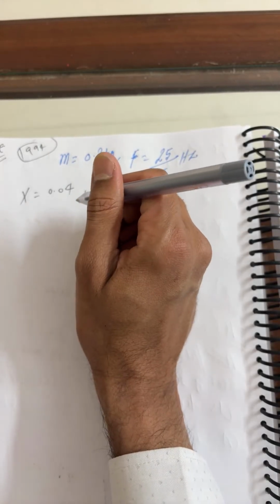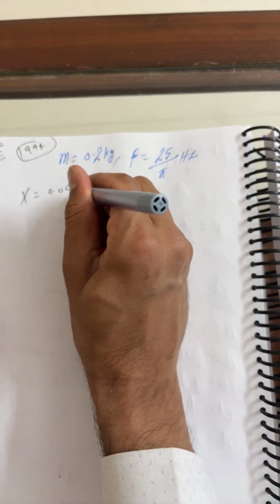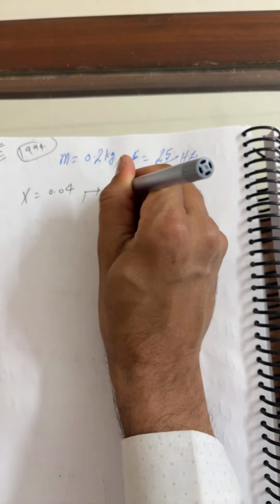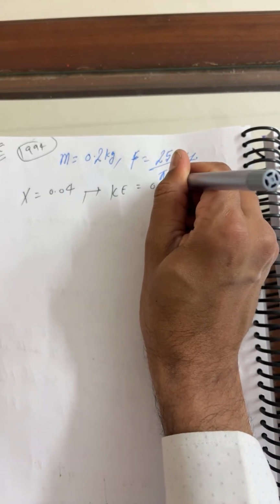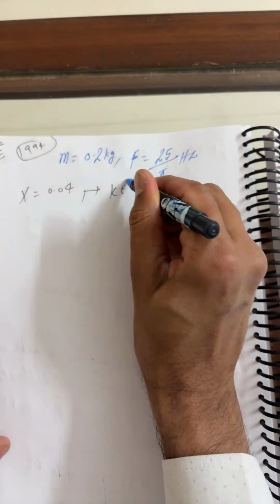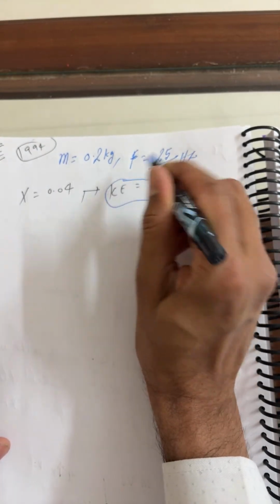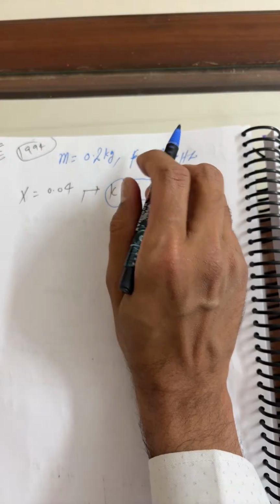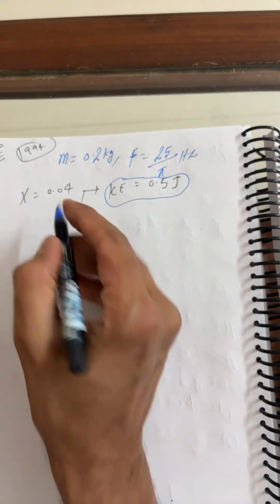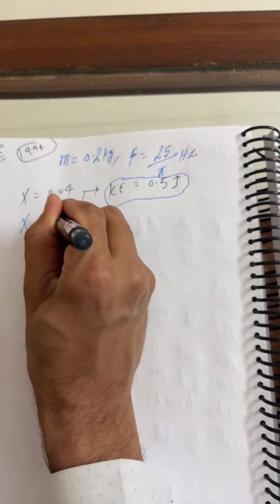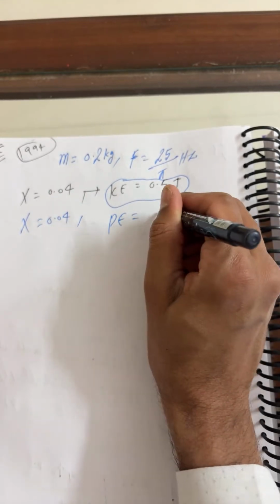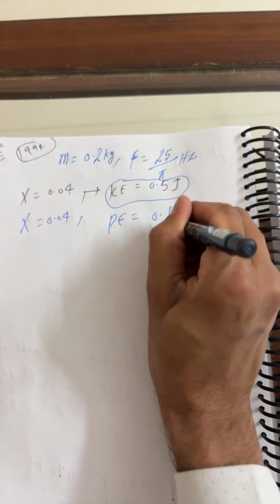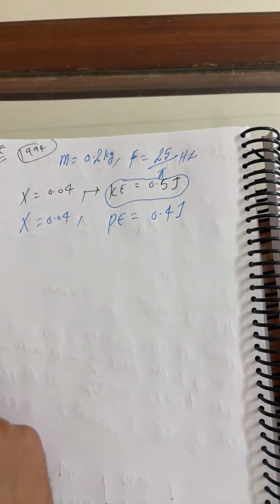the object has a kinetic energy of 0.5 joule. At the same point, x equals 0.04, there is a potential energy of 0.4 joule.